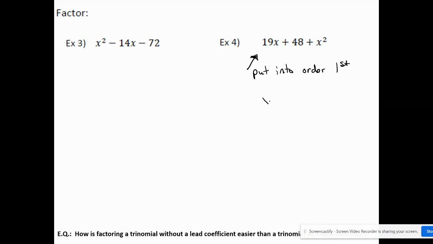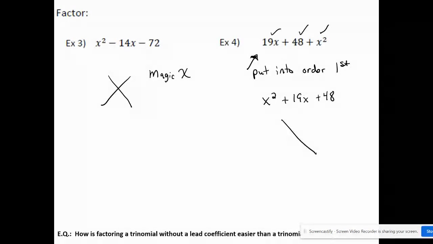So you have to rearrange everything. So x squared first, then 19x, which is positive, and then 48. So you're going to do all the magic x's, right? So all of these you're going to do the magic x on. This one too.